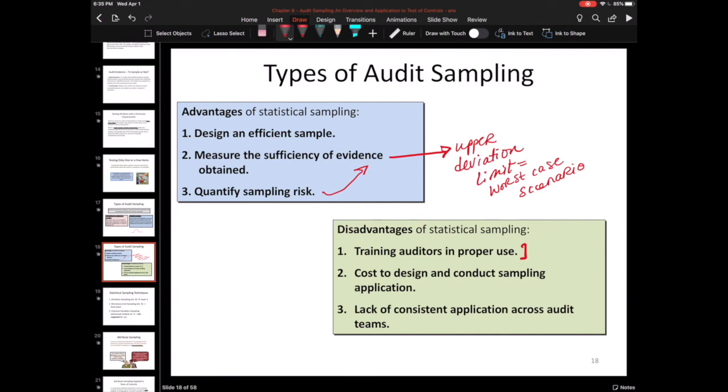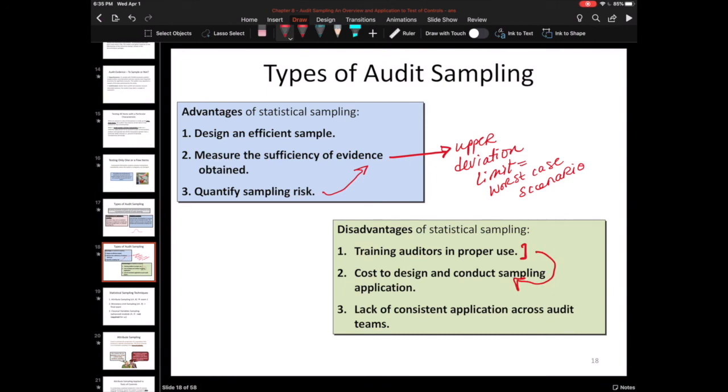The other thing is most audit firms have their own varying in-house statistical sampling software, and so you have to train the employees how to use these, what all the inputs are, and so forth. And of course, developing all those applications takes significant time and money.